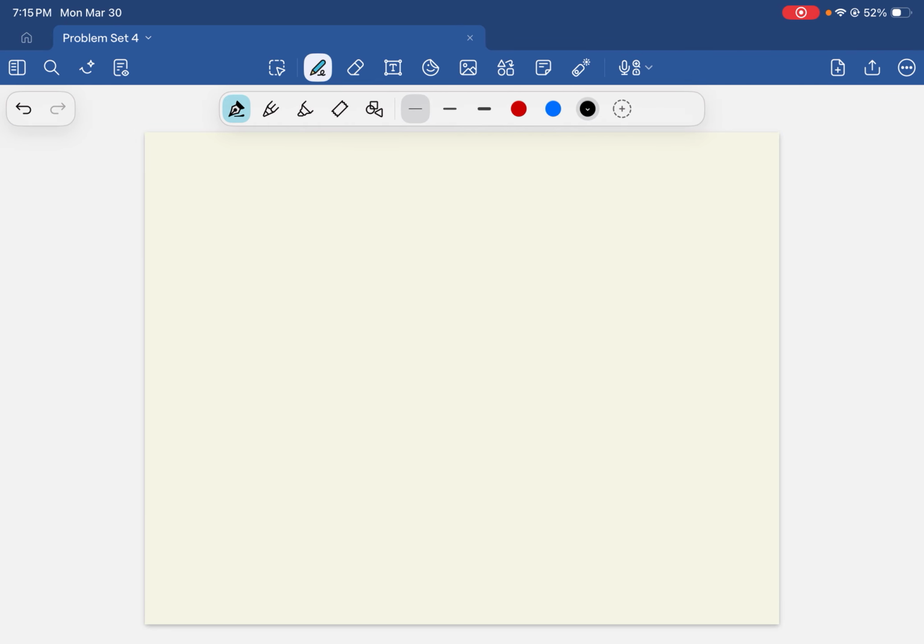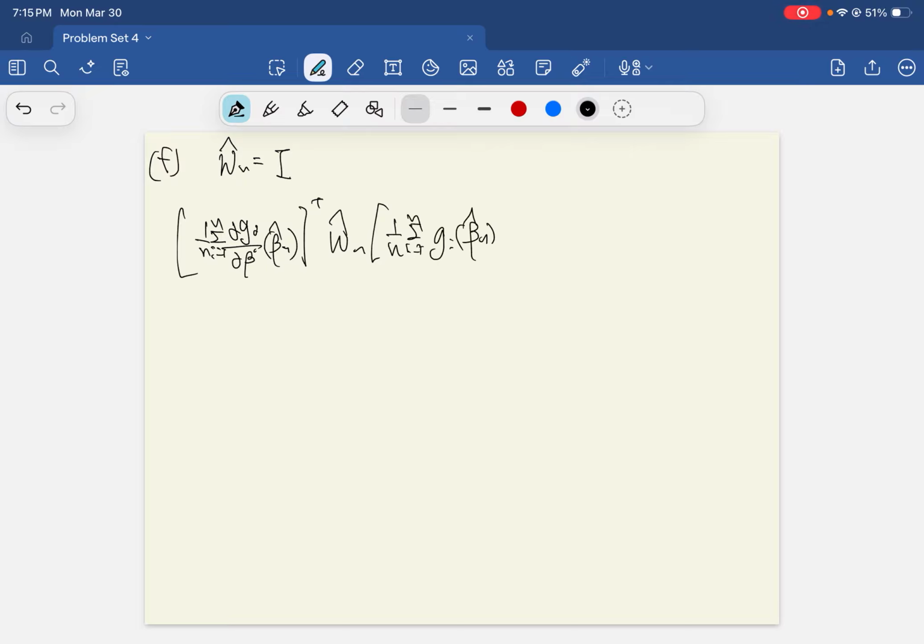All right. Then let's think about part F. We are going to consider the identity matrix. The first order condition of the GMM problem will be like this. W will be ignored, and I will just write the general form. This will be 0 in general, so 2 will be multiplied here, which is not a problem.